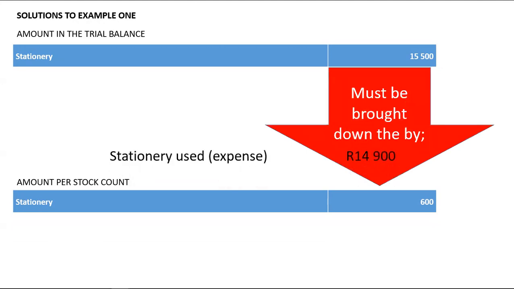So our expense is supposed to be 14,900. Meaning that the 15,500 that we included under the nominal account section as stationery expense is incorrect. We need to take it down to 14,900, and we're going to take it down by 600. So we need to process that. How do we process that?